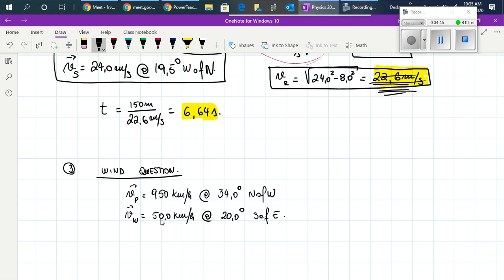Then the relationship we will use is that the resultant velocity is the velocity of the plane plus the velocity of the wind.